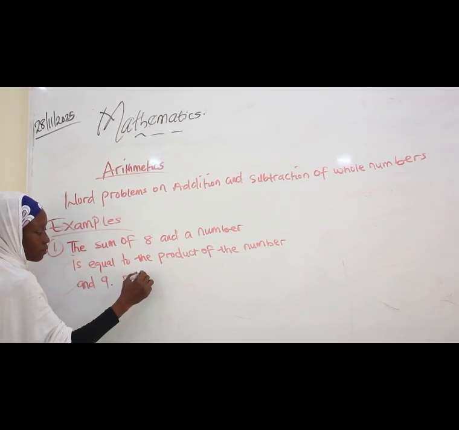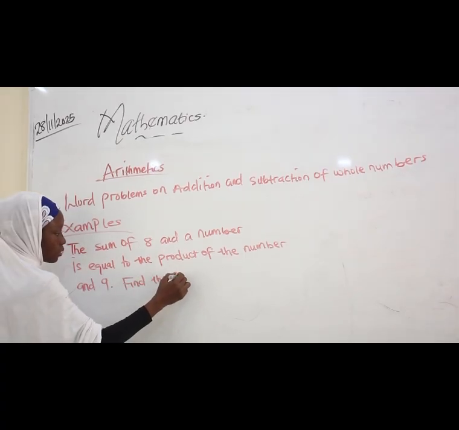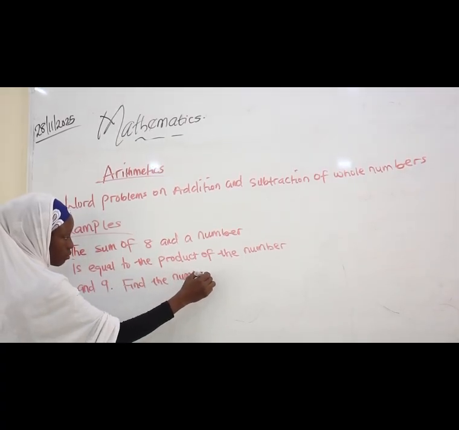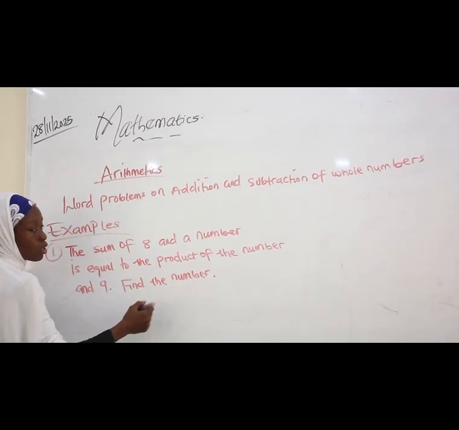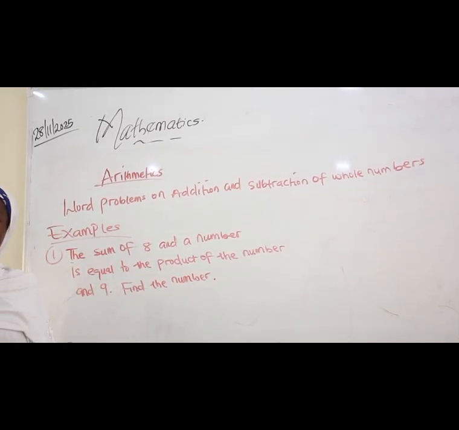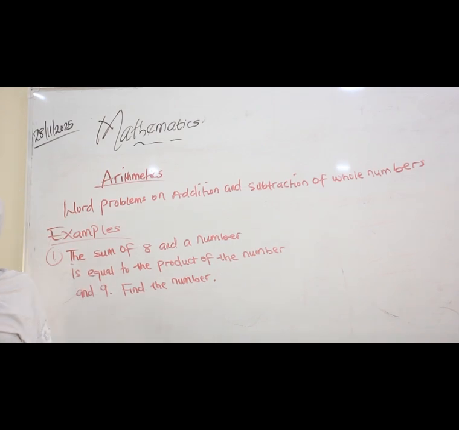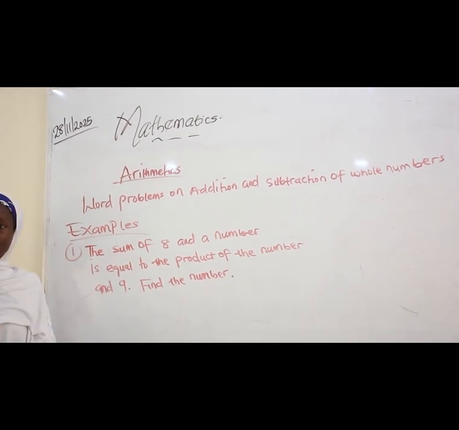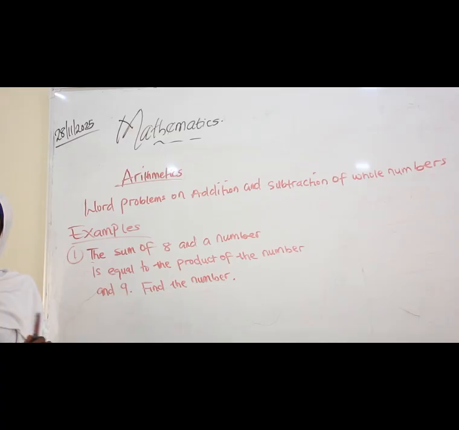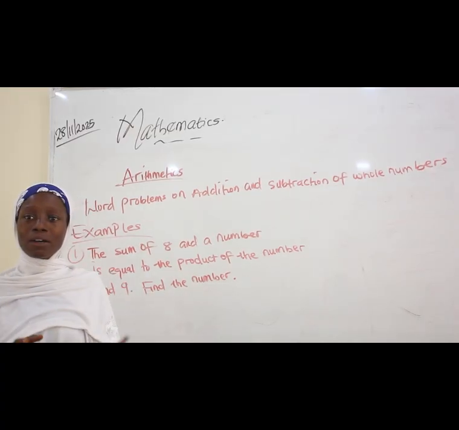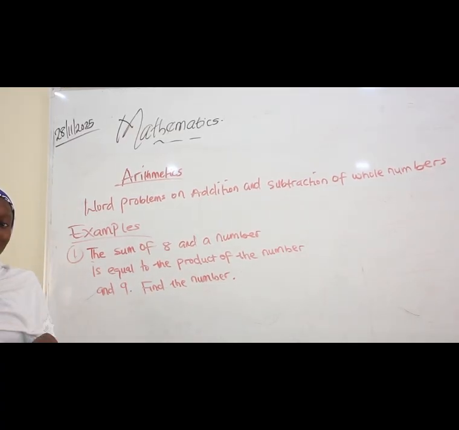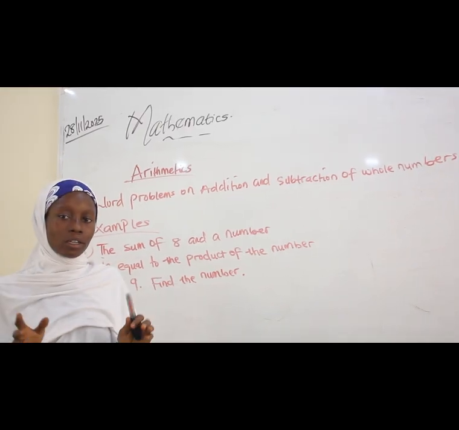Find the number. So now, the question says the sum of 8 and a number is equal to the product of the number and 9. So we should find the number. We don't know the number, so we have to represent the number using any alphabet of our choice.